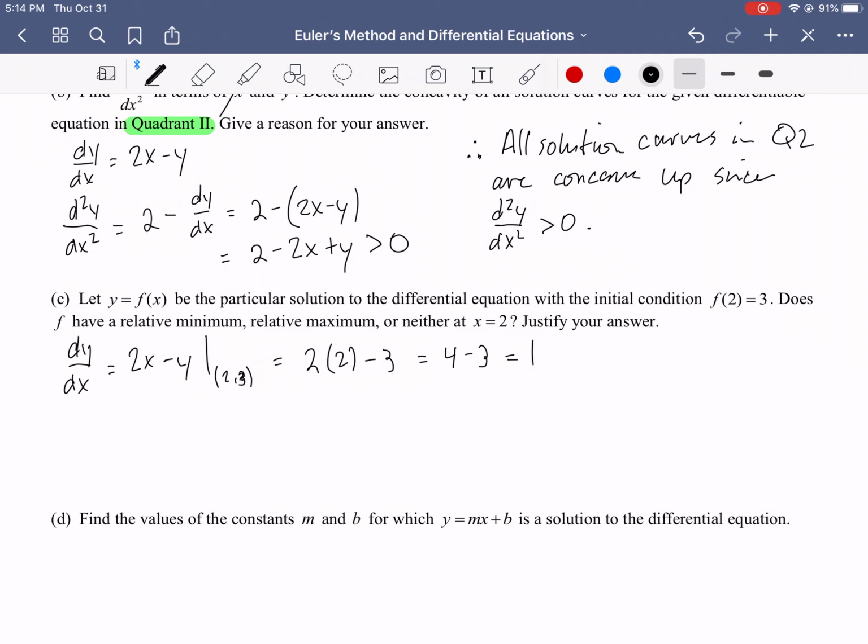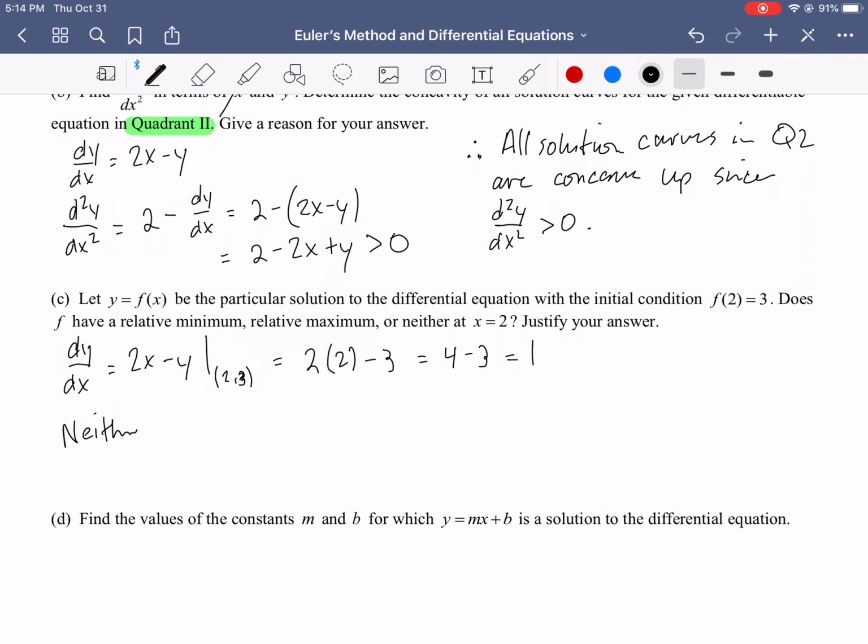Now, let's pause here for a minute. If the first derivative equals 1, this is not even a critical point. f of 2 is equal to 3 is not even a critical point because the derivative does not equal 0. So if 2, 3 is not a critical point, it cannot be a max or a min. So the answer here is going to be neither.